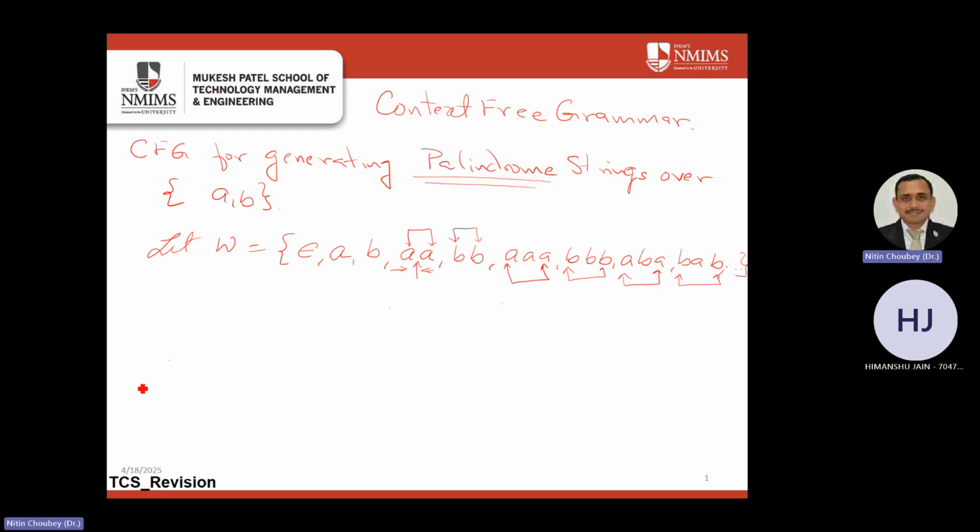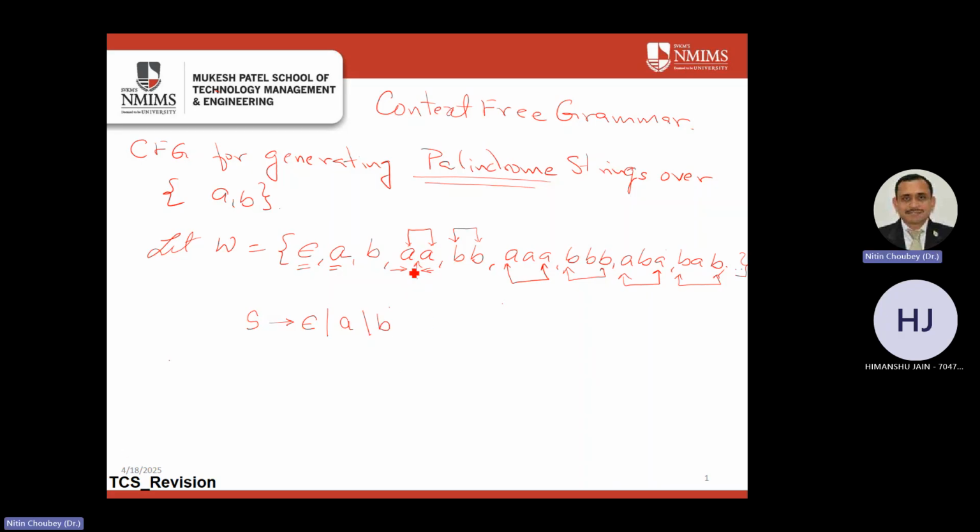So basically, what does it mean? That at any moment, we must be in a position to generate the first symbol and last symbol, or a symbol and its reciprocal symbol from the right-hand side. So it can be written like this. S gives epsilon, for the string with zero length. Then for a string with one length, it will generate A, or it can generate B also.